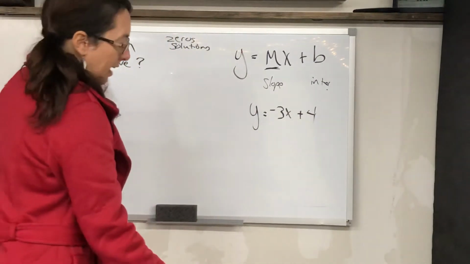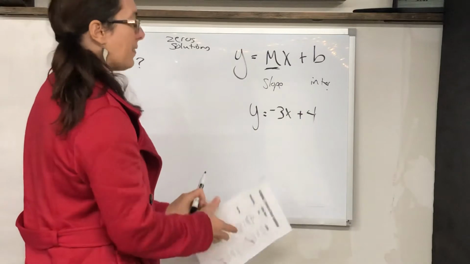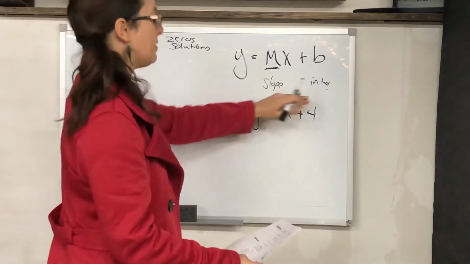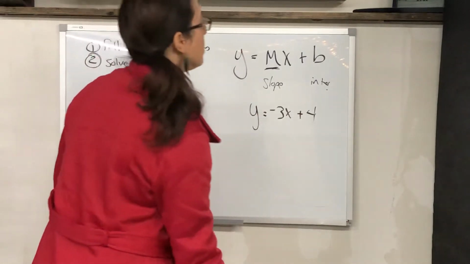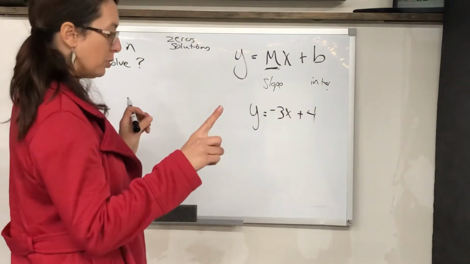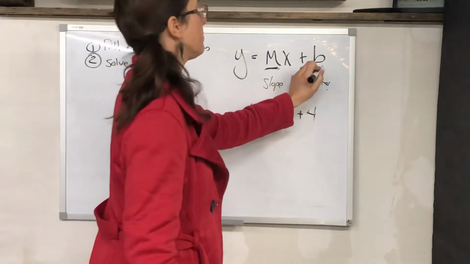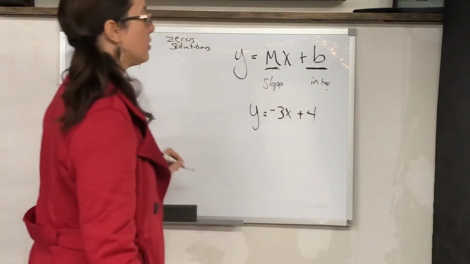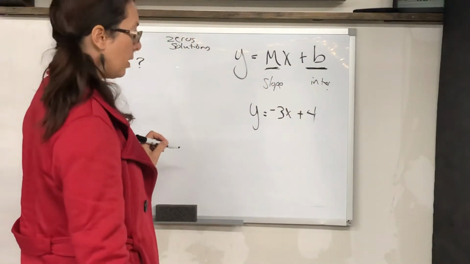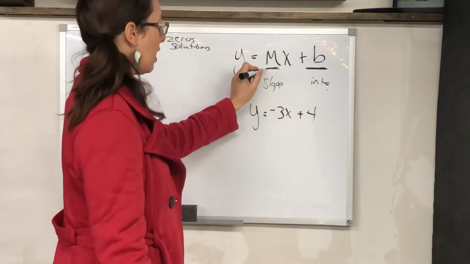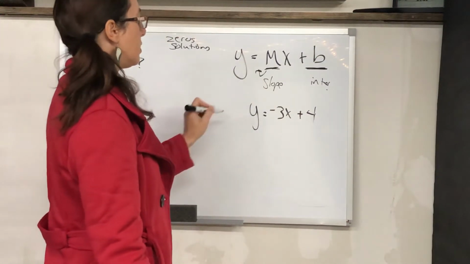Now, if I haven't been given my slope, or I have this and I want to put it in standard form, remember, where everything is just equal to our number, where our variables are on the same side, we are going to solve this equation for b. So if I solve the equation for b, I'm going to move my x away.